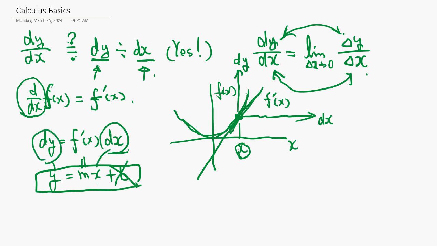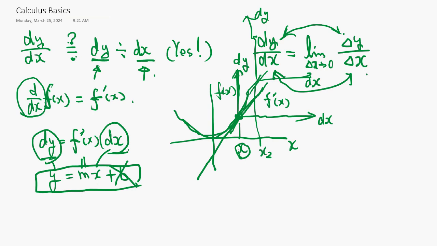Okay, so in this new coordinate, you create a coordinate at every different x value. If x moves to here, then you create a new coordinate, and that's going to be the dy and dx coordinate. So dy equals f prime, the derivative function of f(x), which is the slope.